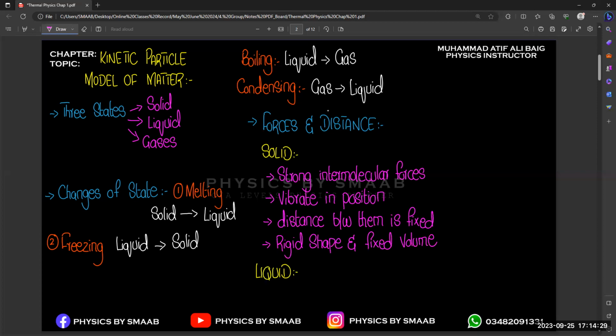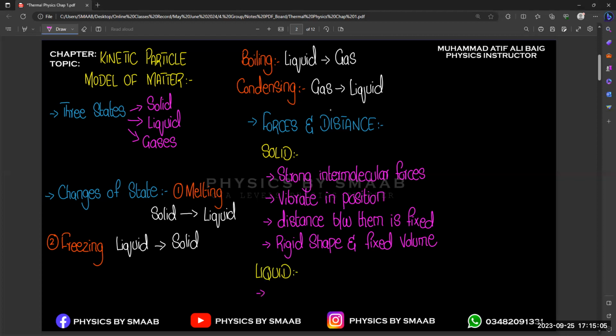In liquids, the forces are weaker than solid but stronger than gas. Liquid molecules are free to move as compared to the solid one. The liquid molecules have enough energy that they can overcome the intermolecular forces. So that's why they have weak intermolecular forces, because they can move randomly in any direction.